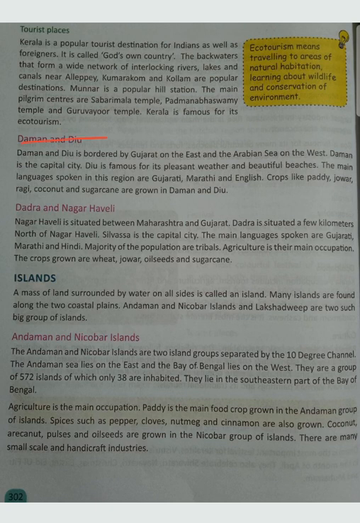Then Daman and Diu. Daman and Diu is bordered by Gujarat on the east and the Arabian Sea on the west. Daman is the capital city. Diu is famous for pleasant weather and beautiful beaches. So Daman and Diu is famous for what? Pleasant weather, and also famous for beautiful sea beaches.